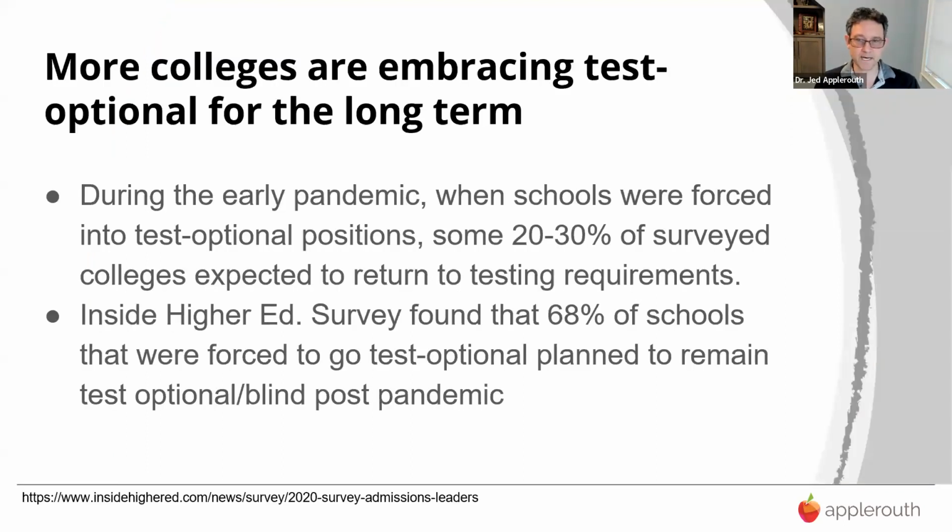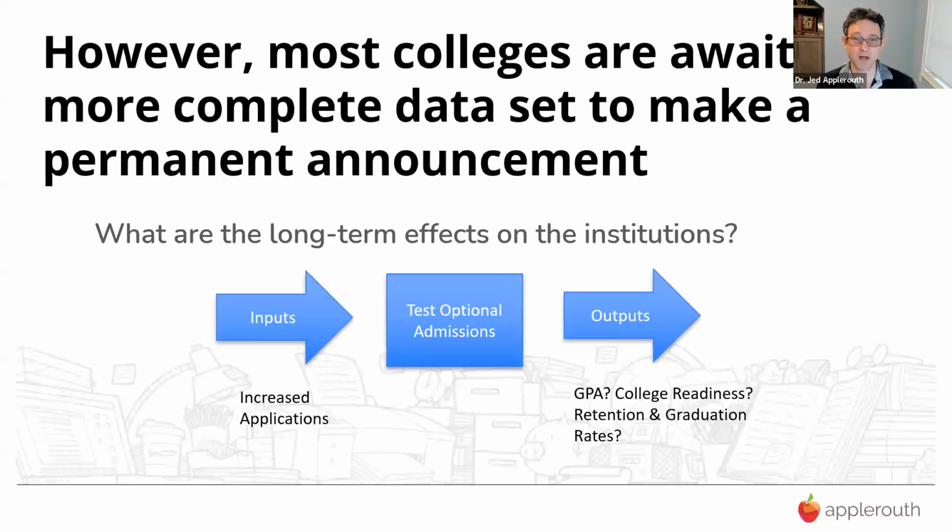There have been some surveys, and some of these are outdated at this point. But ultimately, everyone says we're pretty much going to be sticking with this policy. There are some schools who are still waiting for more data. They said, we've had a couple of years of data of admissions for kids who applied with test scores and without test scores. And we know what happened with applications. More kids sent more applications.